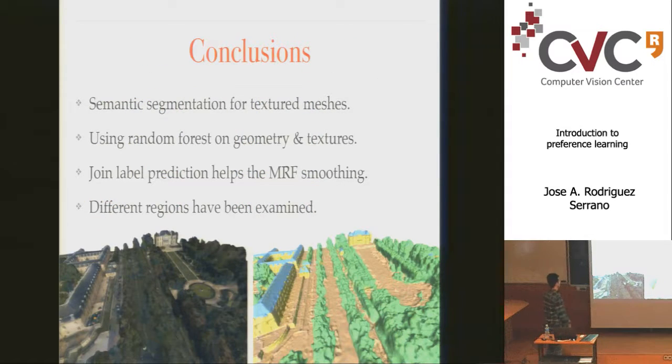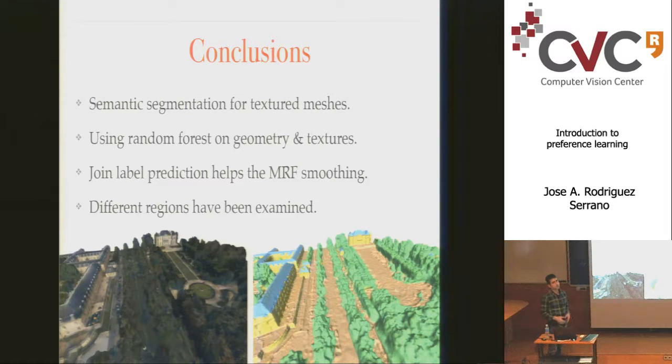Just to highlight all the points, I presented some semantic segmentation for textured mesh, and the idea was to use contextual information. We were using machine learning, like the random forest technique, using both geometric and texture information.